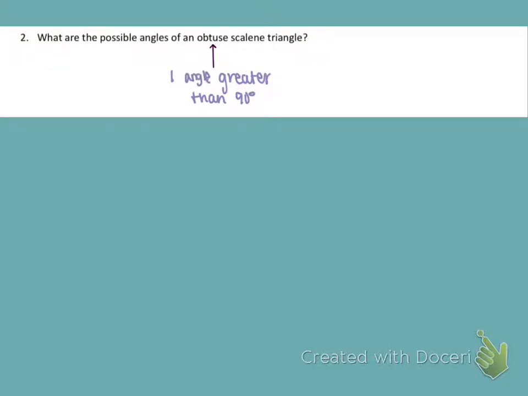And what does it mean to be scalene? To be scalene means no sides are equal. So as long as you wrote for your side lengths 3 sides that are not equal, none of my sides can be equal.